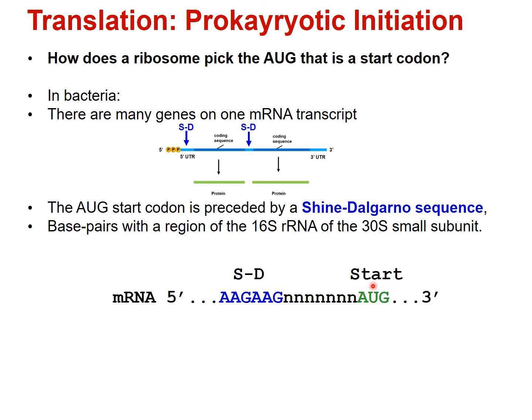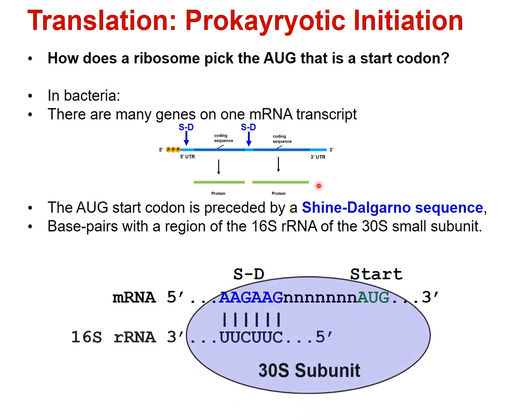So here we have our start codon, then we have just random sequence here, and then we'll see a Shine-Dalgarno sequence that's usually very purine rich, this AAG. And when you actually look for Shine-Dalgarnos in messenger RNAs, they can vary quite considerably from the optimal sequence.